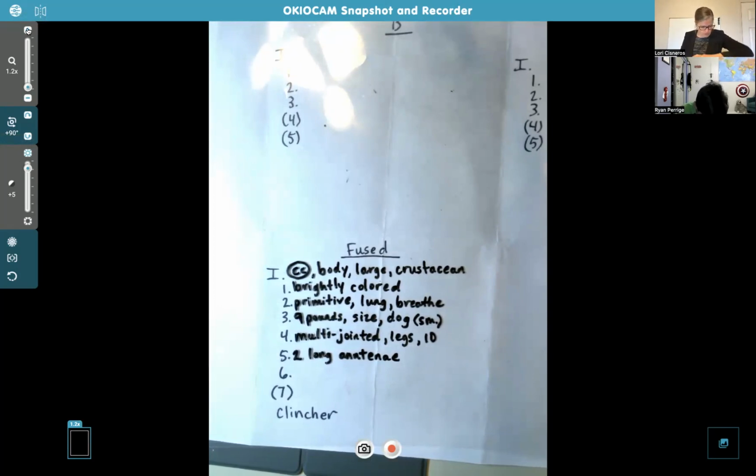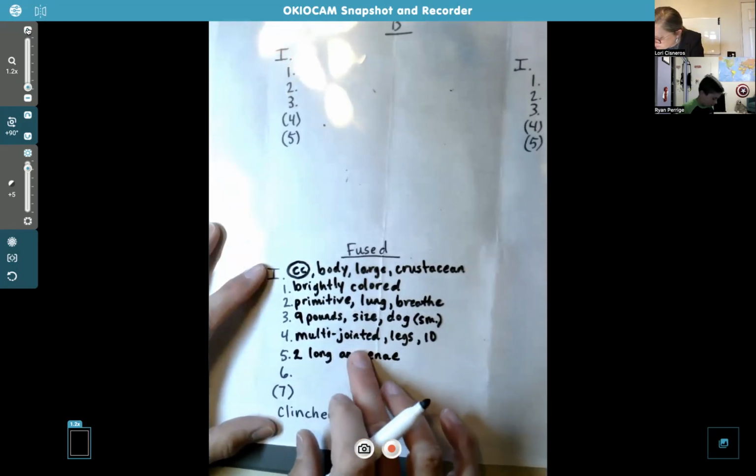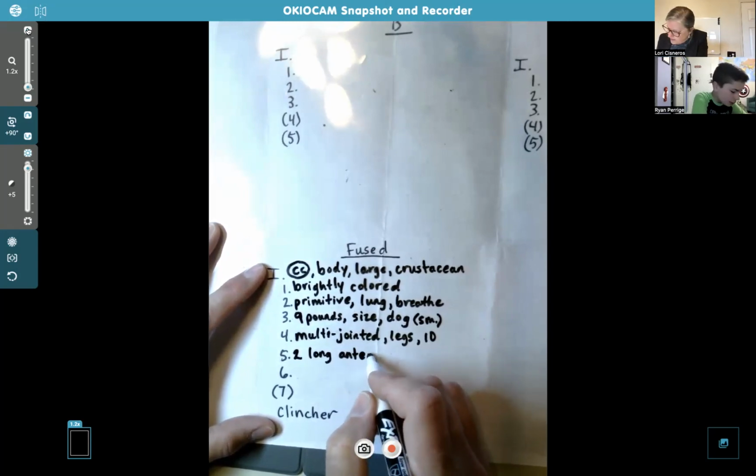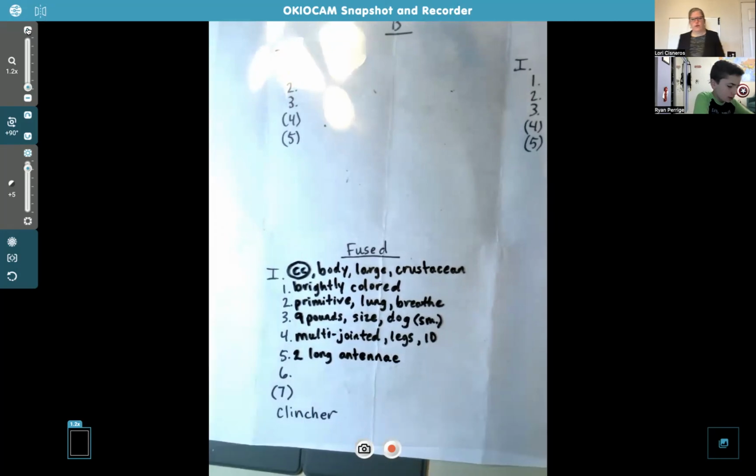Let me look it up on my phone really quick. Oh, the 2 ends go after the T. So it's antennae. It's one of those weird words. Okay, 2 long antennae.